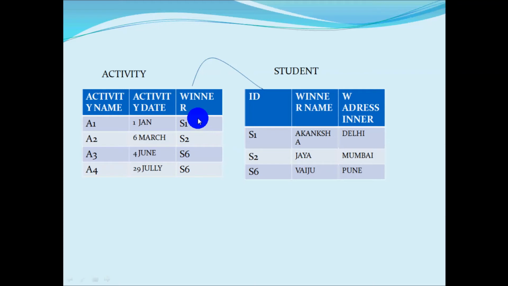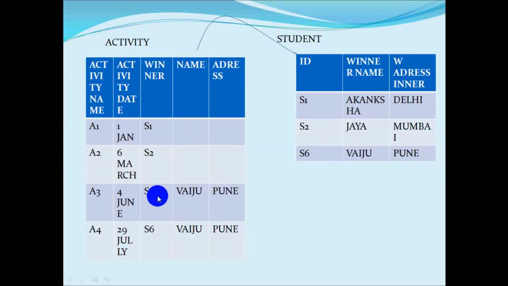So if I hide this block again and I want to add the details of them here, what is going to happen? The name of S1 we have to write here, the name of S2 we have to write here, the address we have to write here, and this we have to write here. In the same manner, the S6 name is written here and the address is written here, again we have to write it here.